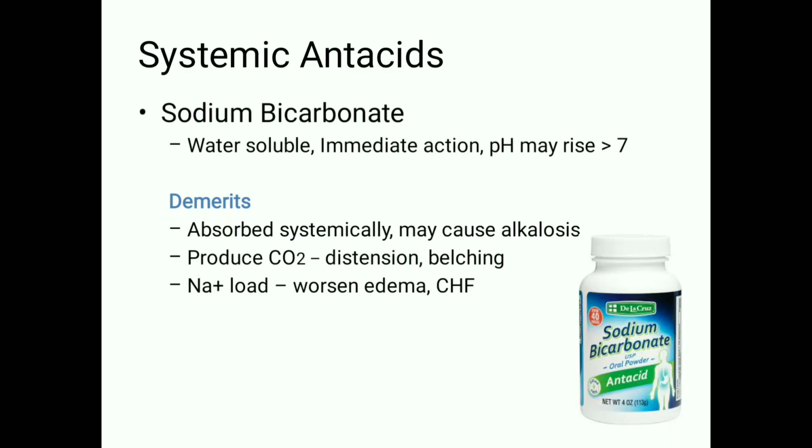Then it contains so much sodium which could be absorbed, so that high sodium load could result in complications in patients who already have edema or congestive heart failure. Now, apart from being used as an antacid, it could also be used for alkalinization of urine and to treat systemic acidosis.